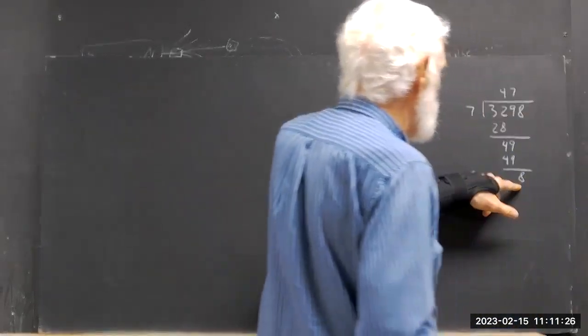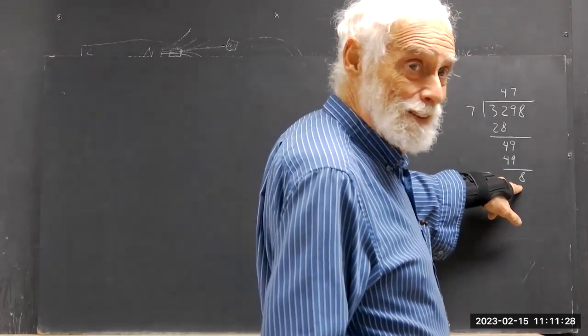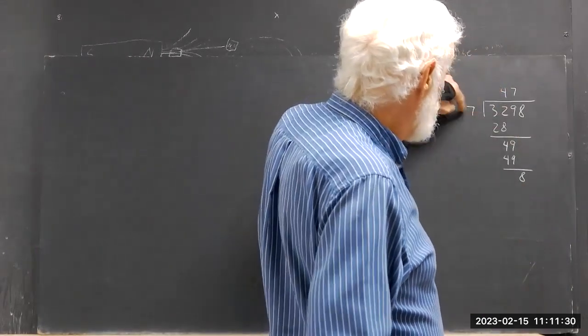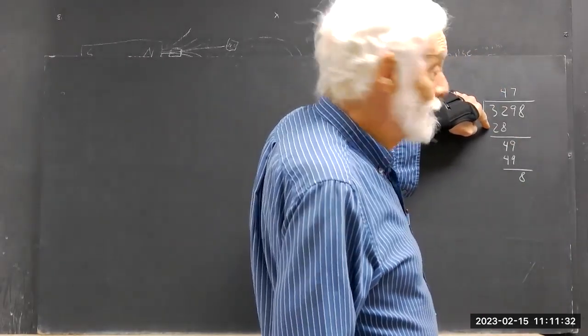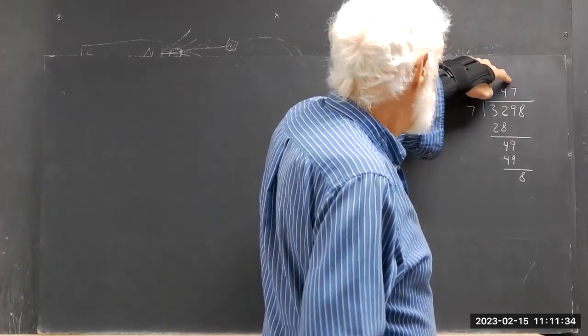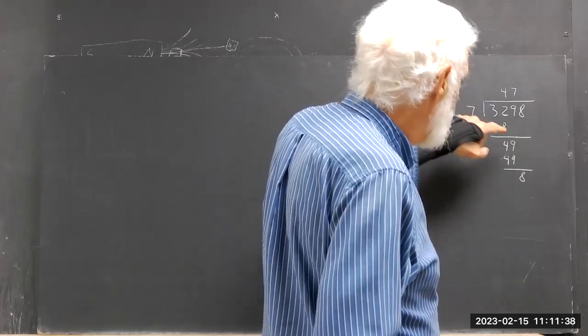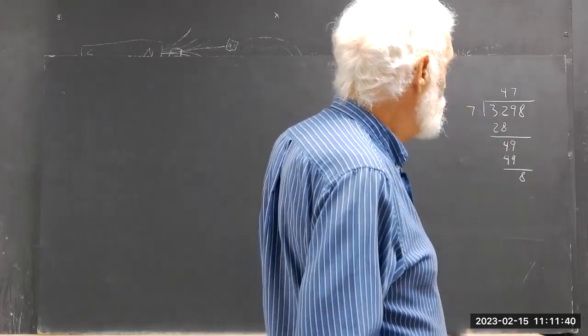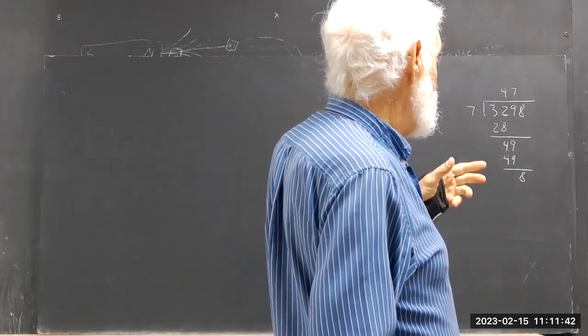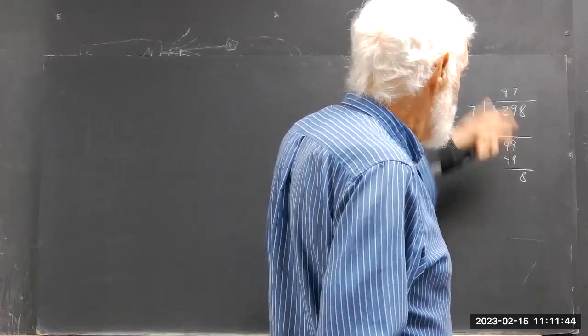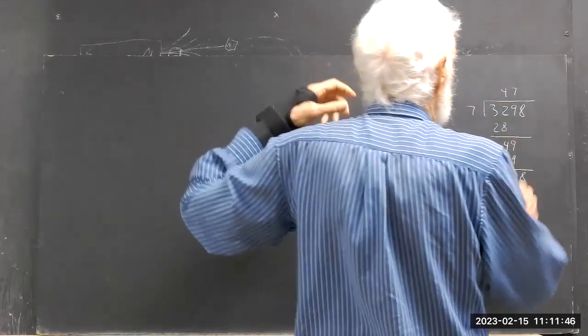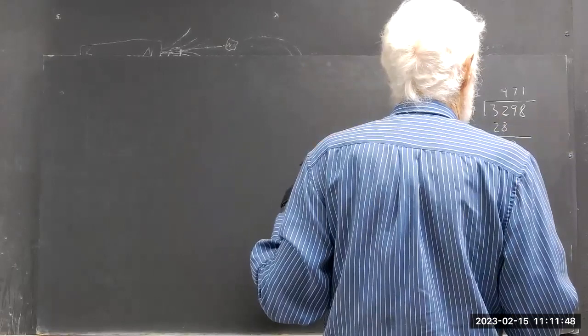That 8 just stands for what we don't have. If we do 400 sevens, which is 2,800, and 70 sevens, which is 490, 2,800 and 490 add up to 3,290. And it leaves us just 8 anyhow. And then 7 goes into 8 one time.